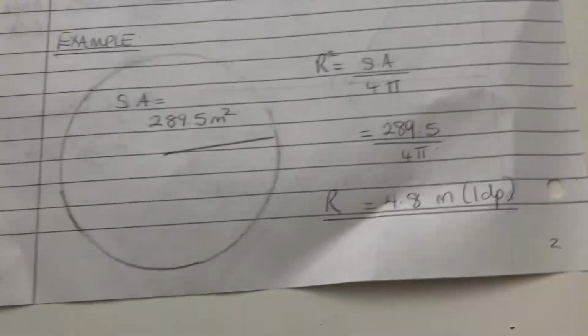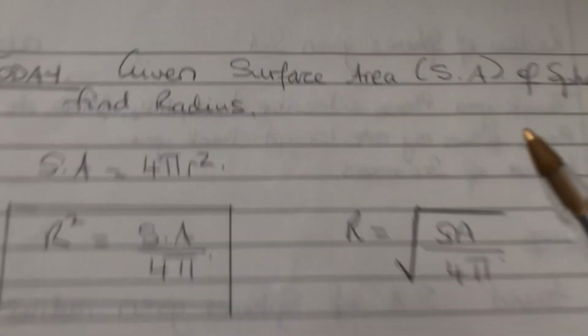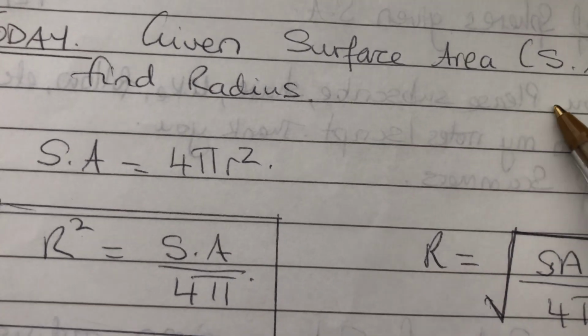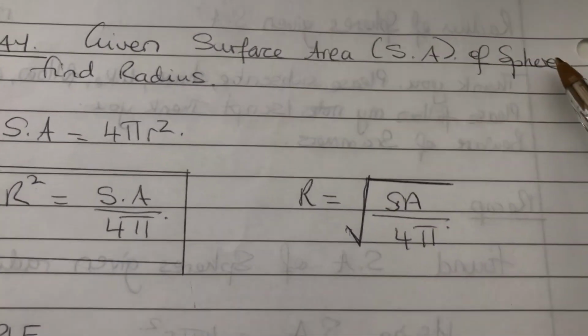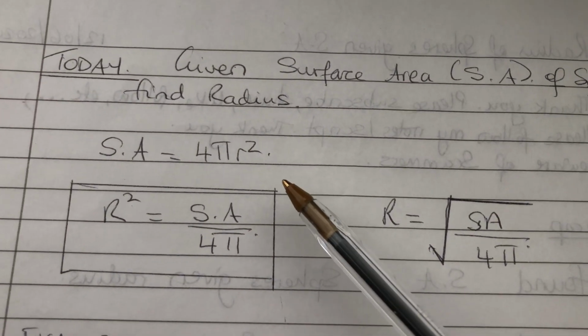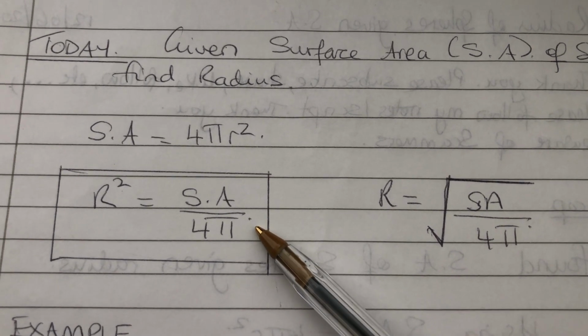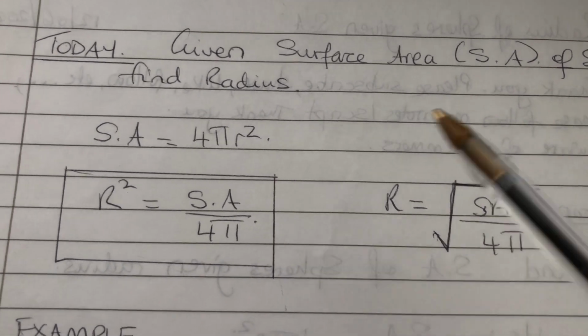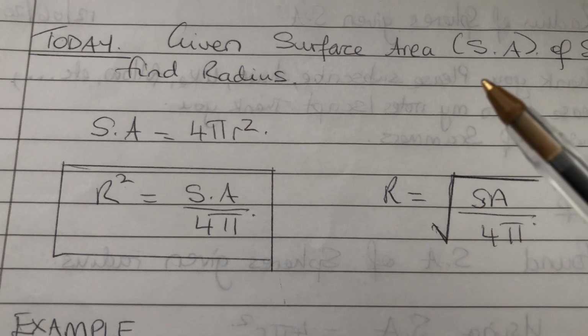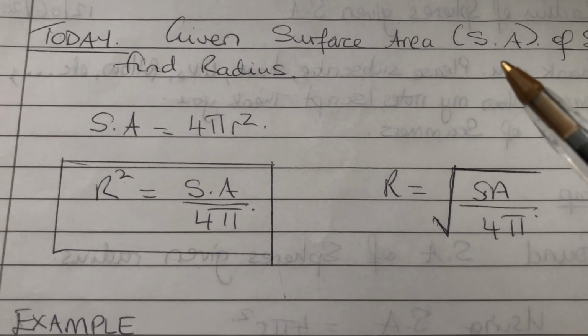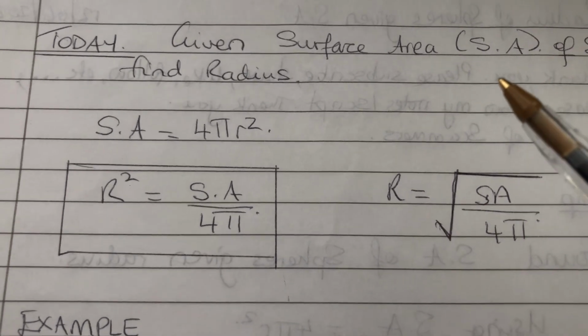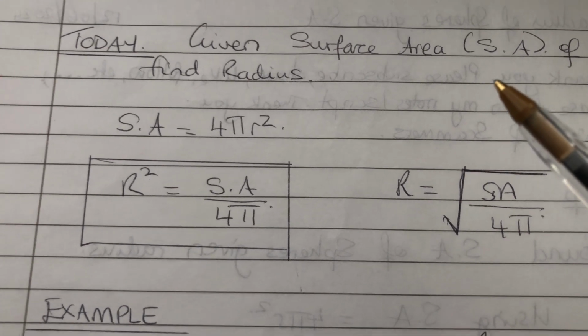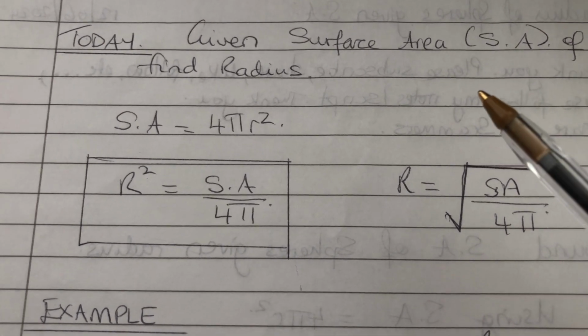Now as I said, we've been given the surface area today, and we want to find the radius. So I've shown you how to find the radius if you have the volume. Today we have the surface area.